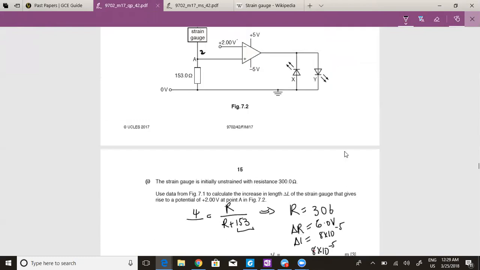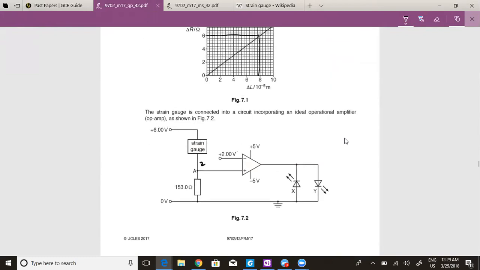I'll let Imad explain this again. Imad, come in. Okay, so what we're having basically here is that when you increase the stress more, the strain gauge will have more resistance, right?